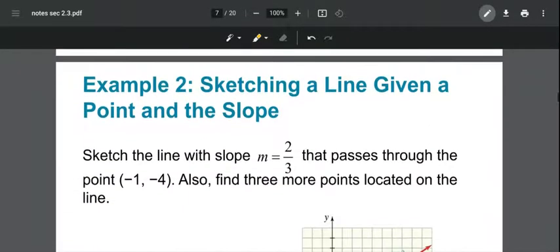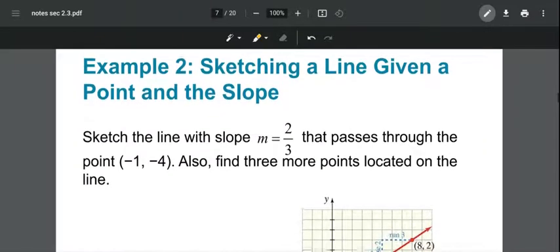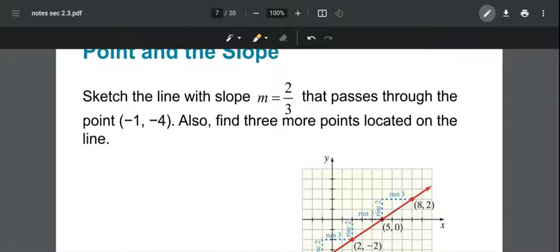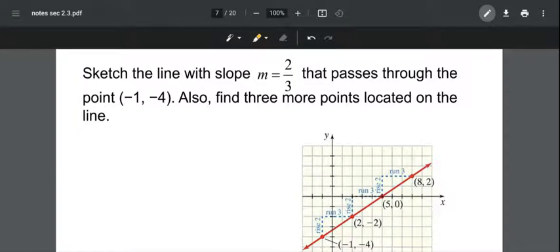The next part of section 2.3 is about sketching the line with slope 2 over 3 that passes through the given point negative 1, negative 4, and also finding 3 more points located on the line. So this is the given point, negative 1, negative 4.